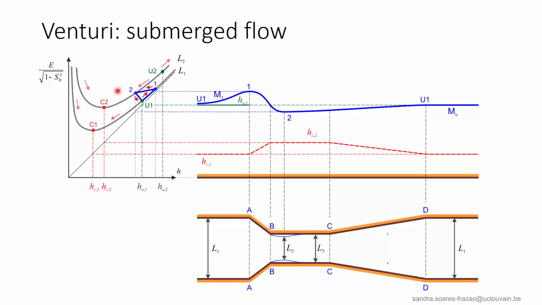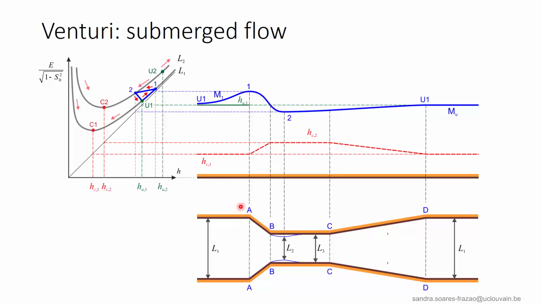It is represented here by one single point, point 2, as the narrow part of the flume is short. So, to reach point 2 on the L2 curve, the flow has to gain first some specific energy until point 1. Point 1, which is here at the beginning of the converging part.